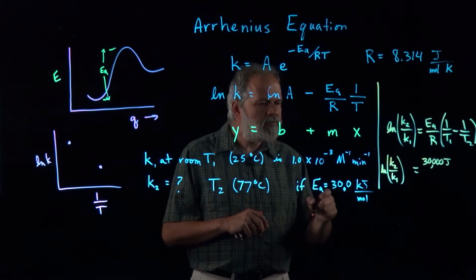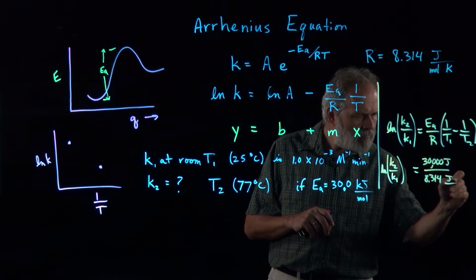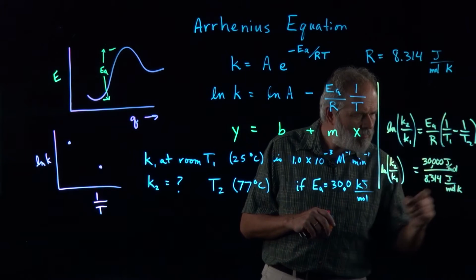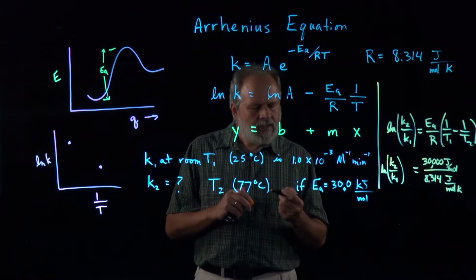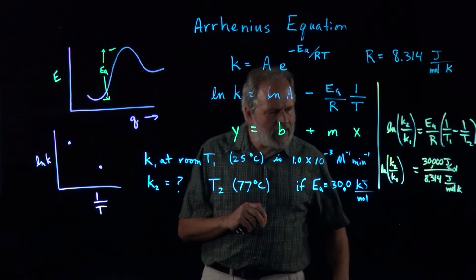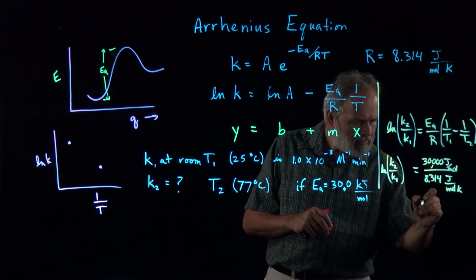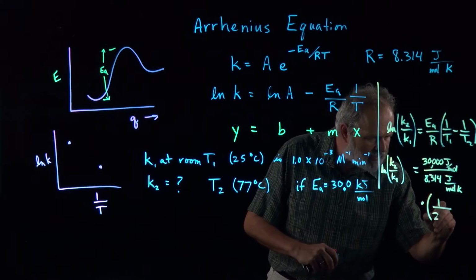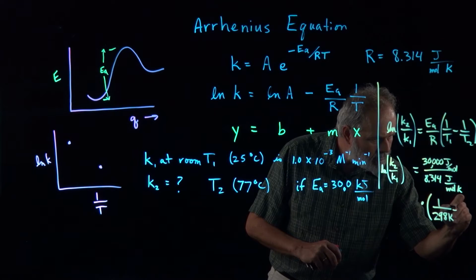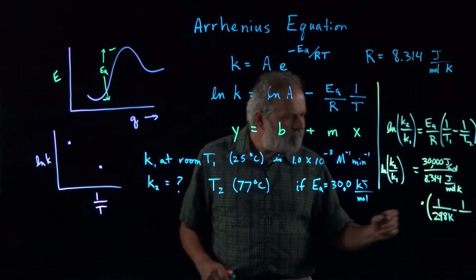The reason we need joules instead of kilojoules is because we have joules for the gas law constant. Now the temperature 1 is 25 C, which is 298 Kelvin. And T2 is 350 Kelvin.